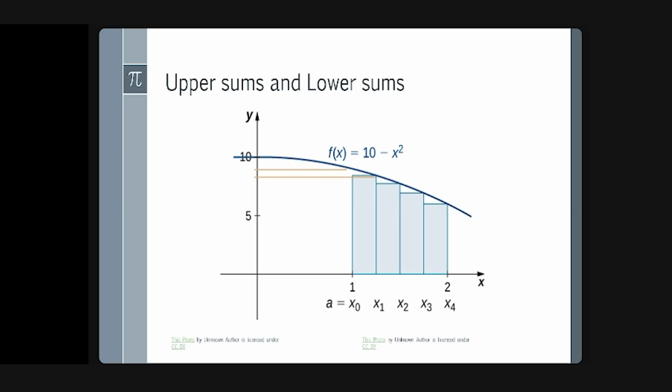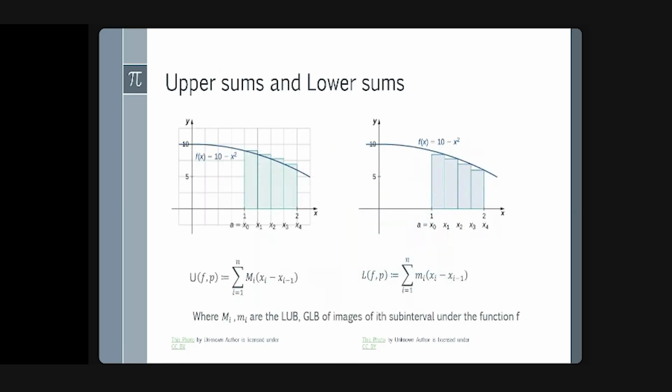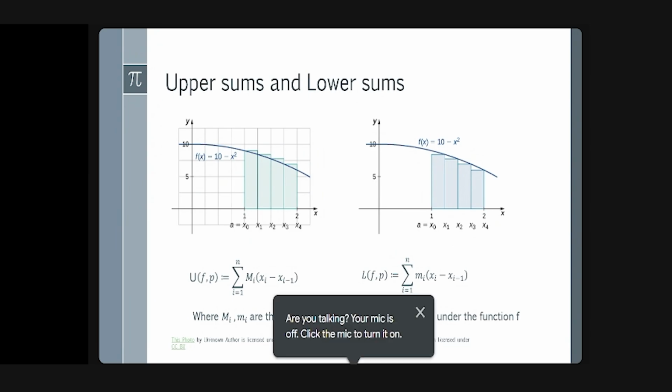So I want to define my upper sum as U(f,P) equal to the summation from i equal to 1 to n of M_i, which I'm taking as the least upper bound of the ith subinterval, times the length of the ith subinterval, right? And analogously for L(f,P), that is the lower sum. So U(f,P) and L(f,P) are the symbols for upper and lower sums, and that's how I define it, right?